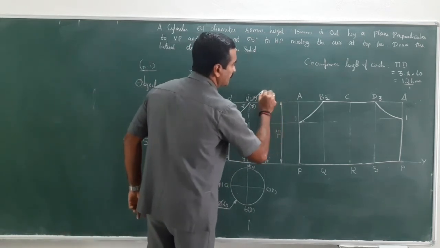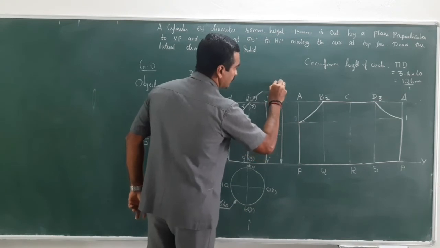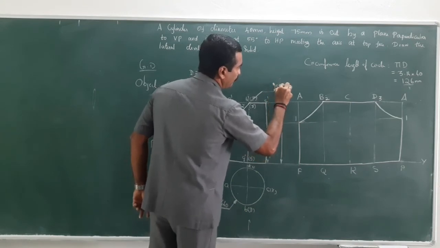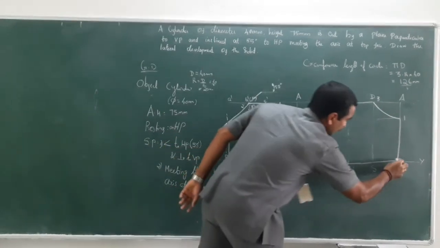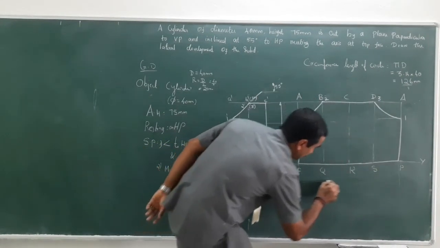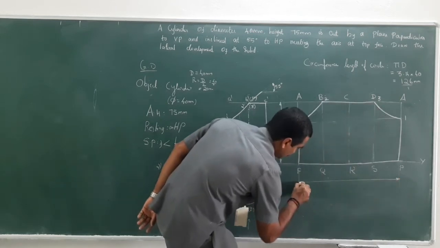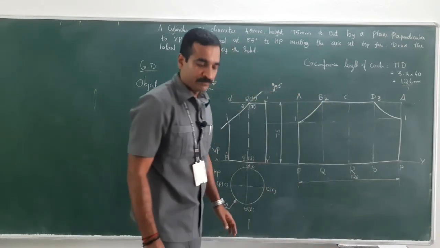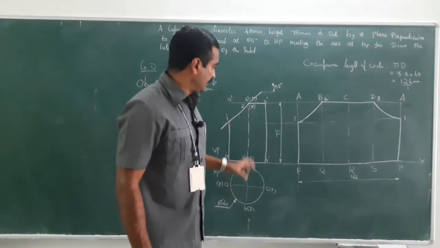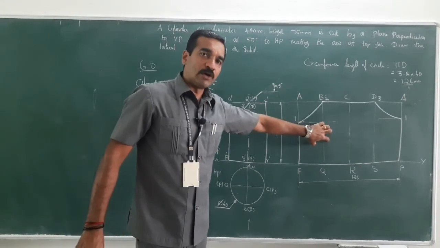Let me just extend this and draw a horizontal line, which is 55 degree, and the length of this lateral surface, which is the circumference length of the cylinder or the circle, which is 126 mm. So with this, I have completed the top view, front view and the development of lateral surfaces.